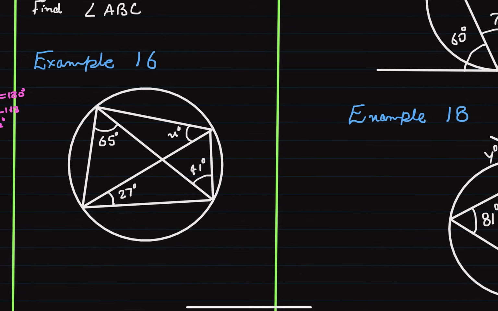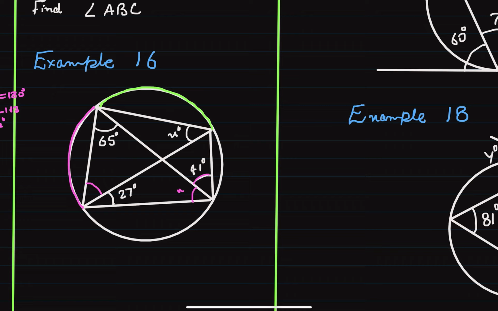So, 16. We need to work out this x. So, this x is subtended by this arc. Is there any other angle that is subtended by the same arc? Yes, x. And if this is 41, then this should also be 41, because this 41 is subtended by this arc, right?